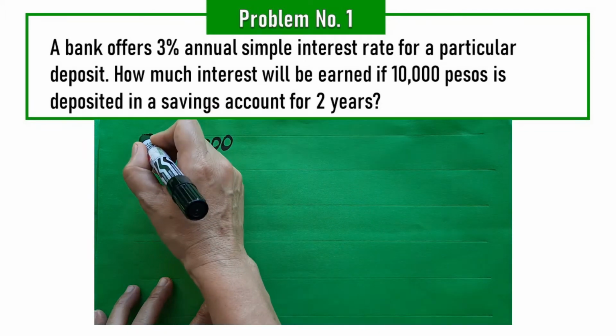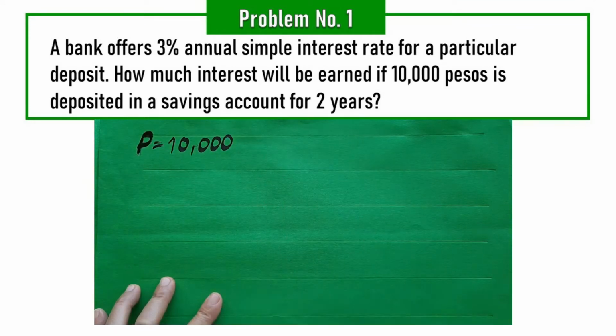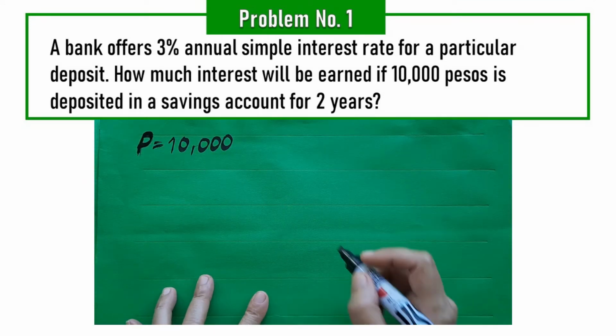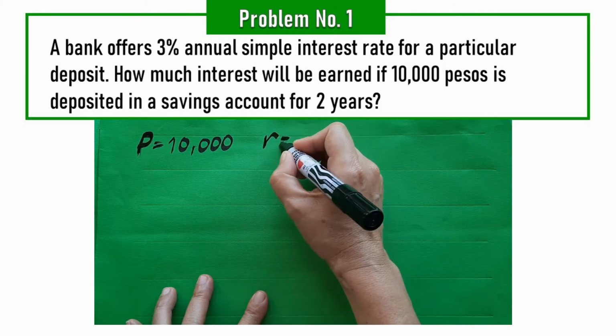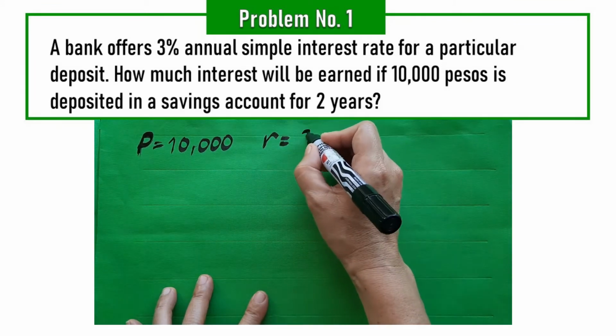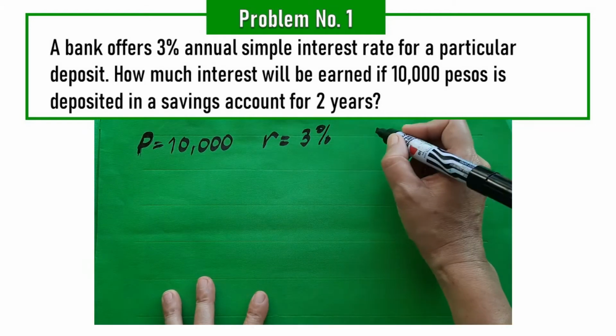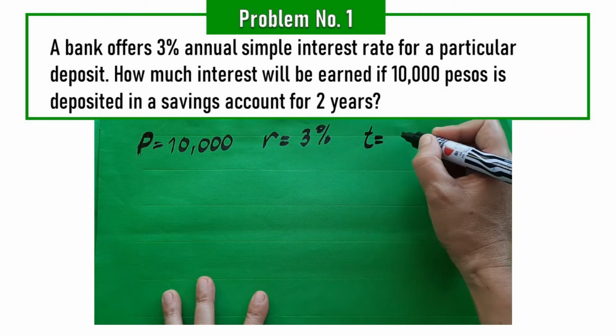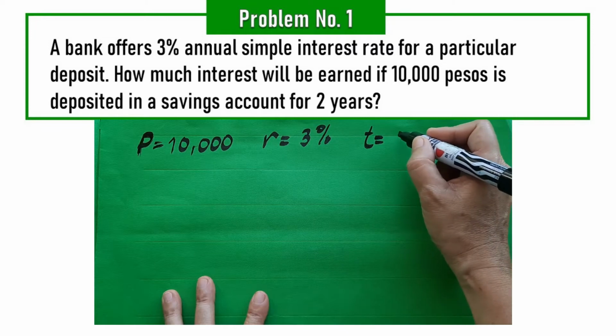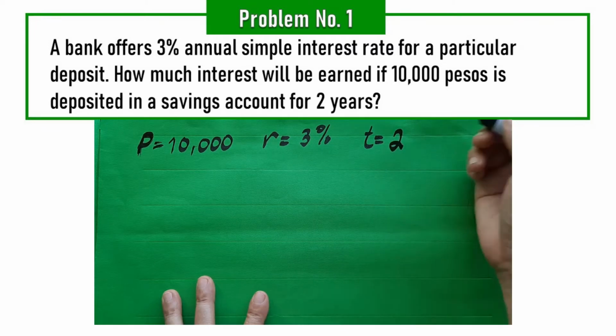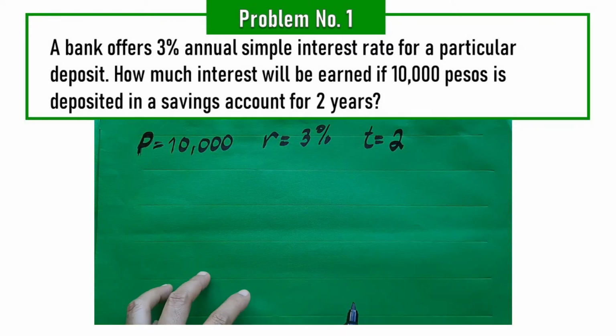And for R, we have 3%. And then our term, or time in years, we have 2.